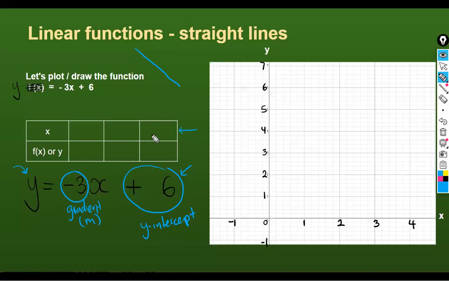Now, the examiner can either be nice or difficult. Sometimes the x values will be given and sometimes they will not. If the values are not given, you have to select your x values.